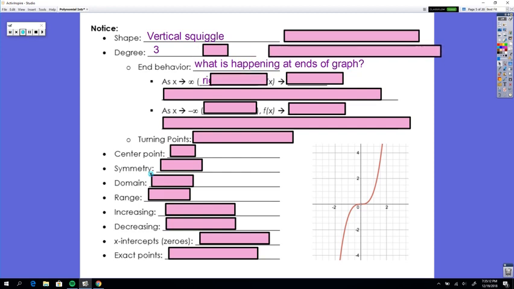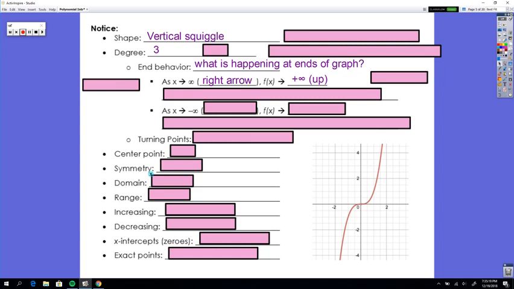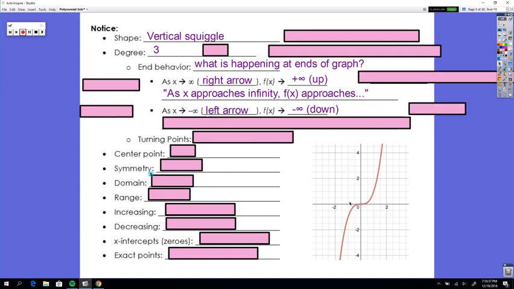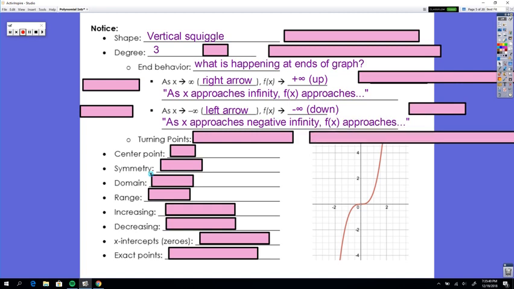As x approaches positive infinity, which is to the right, it's going up towards positive infinity. As x approaches infinity, f of x approaches infinity. As x approaches negative infinity, which is to the left, it is going down to negative infinity. As x approaches negative infinity, f of x approaches negative infinity.